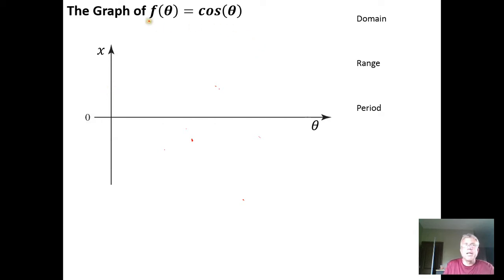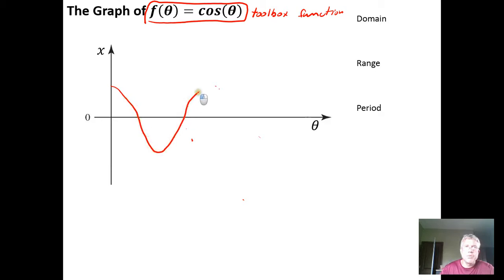And we want to recognize that for cosine functions, this is going to be our toolbox function. Simplest possible cosine function that you can draw. And so the cosine function, the toolbox function, always looks the same. You start high because x is 1 at 0 degrees, and you rotate through to a low point, and then you rotate back through to a high point.